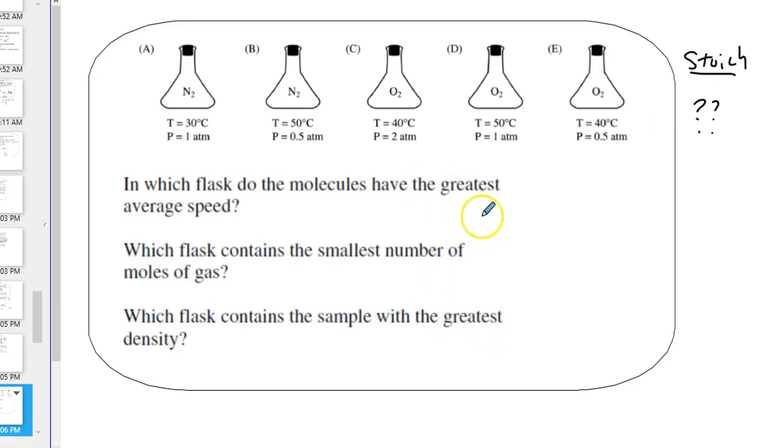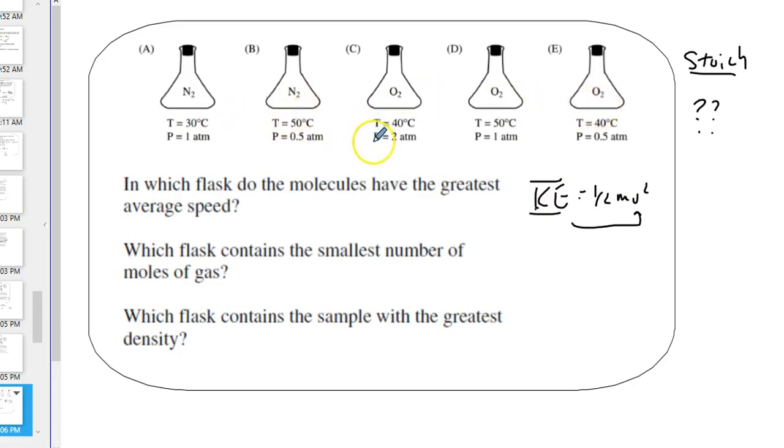So good review nonetheless. So which flask do the molecules have the greatest speed? So we have a couple things here. Kinetic energy equals 1/2 mv squared. This is my temperature, it's average temperature, and this is my speed of the particles. So in this case, one has the greatest speed. They're all pretty close temperature-wise.